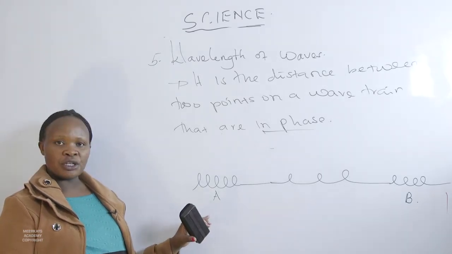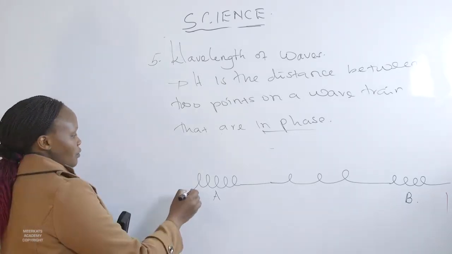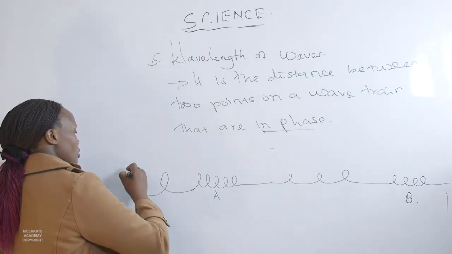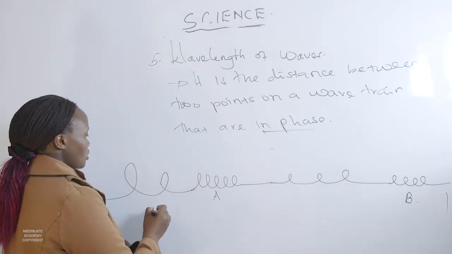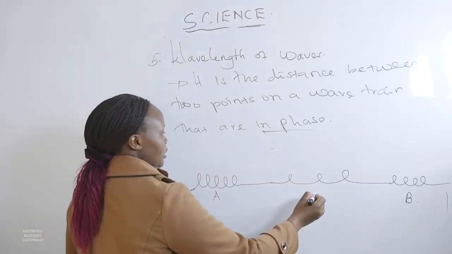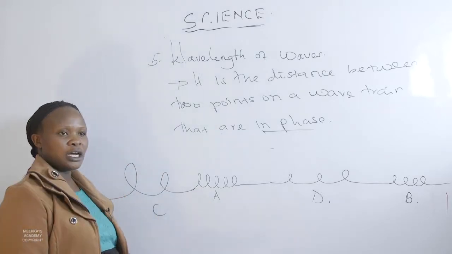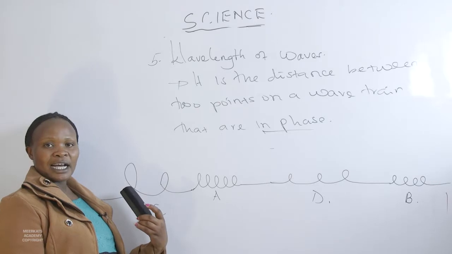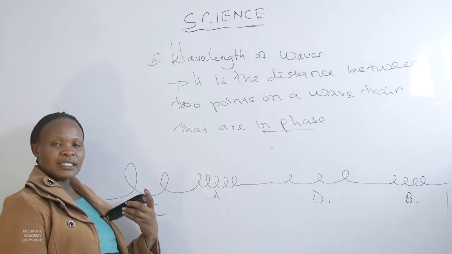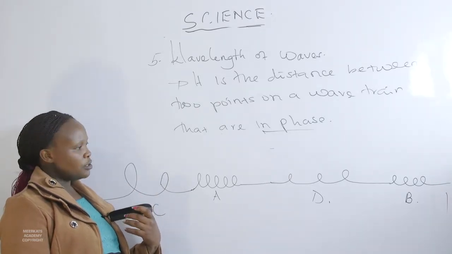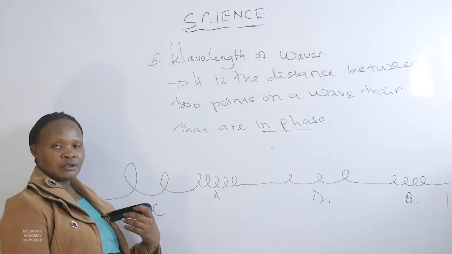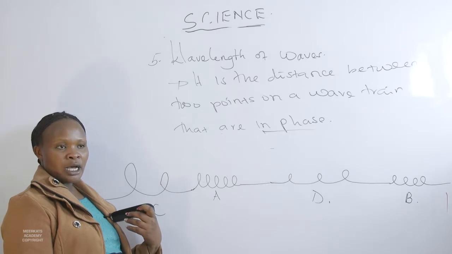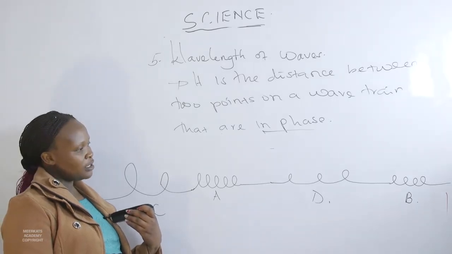You could also consider C and D, which are at regions of rarefaction. Now these 2 points are successive and at the same level of displacement on the wave train, and that is why we talk about them as being in phase.